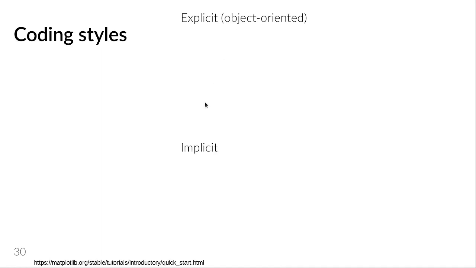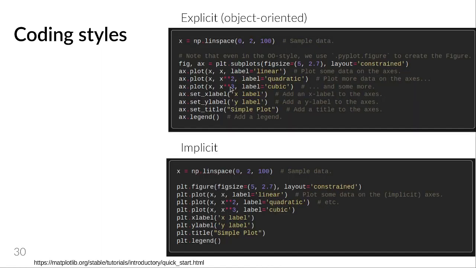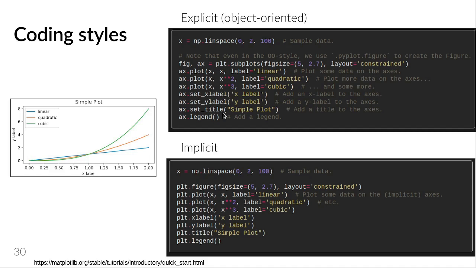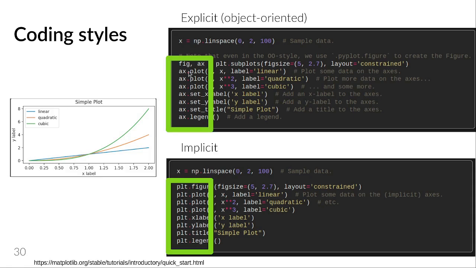So here are two pieces of code that create the same figure. We can see the differences if we focus at the beginnings of these lines. In the explicit style, they define an object called ax right here, and then they adjust it explicitly in the following commands.